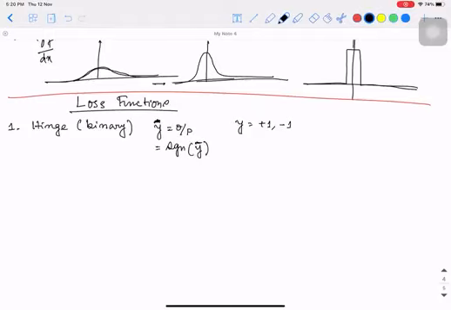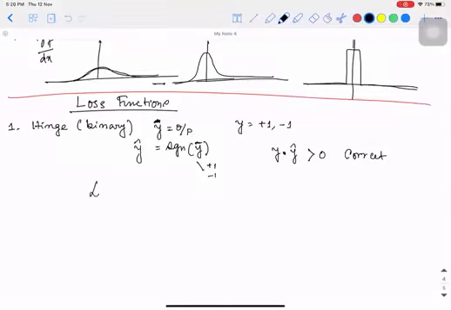Again the sign will be +1 or -1. So if y times y hat is greater than 0, what does it mean? Correct classification, because if both of them are positive, then +1, and if both of them are negative, then also +1. So correct, otherwise wrong classification, right?